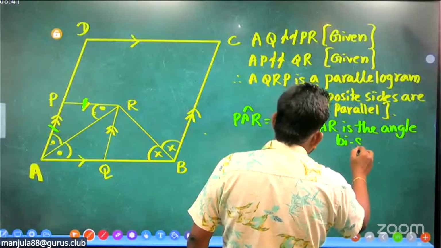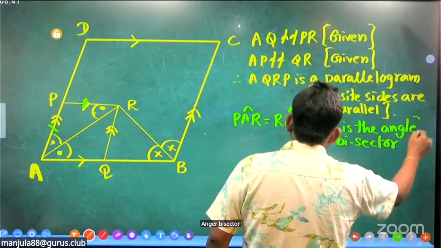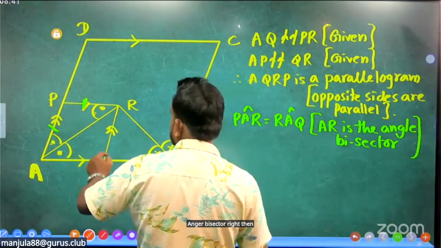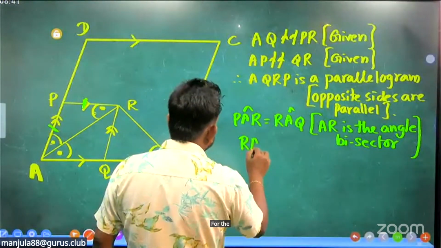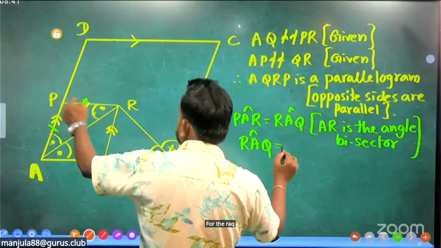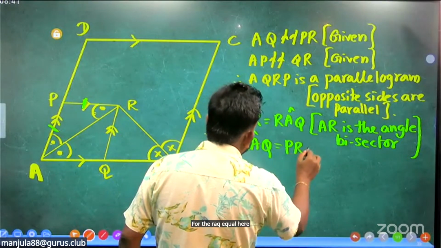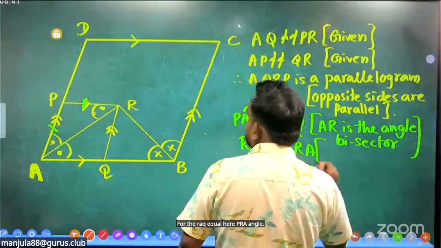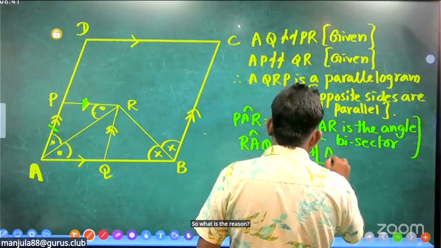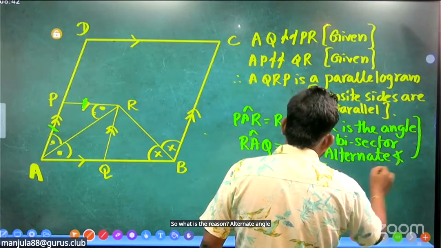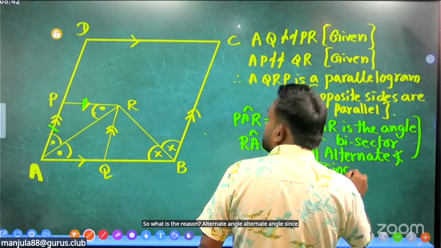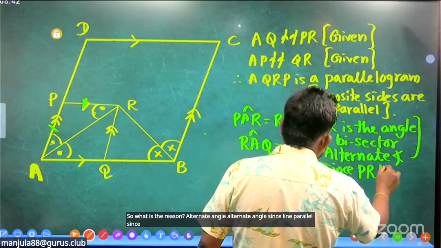Then you can say that angle RAQ equals angle PRA. What is the reason? Alternate angles, since PR is parallel to AQ.